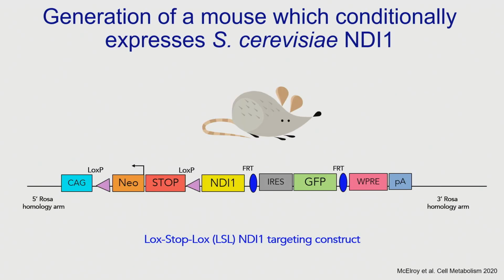So one of the other things we did is Colleen Rezek hooked up with Greg McElroy, and they generated a mouse model where they overexpressed NDI1 in a mouse. The way they did it, they put it in the Rosa locus with LOX-P sites around a stop codon. This way you can inducibly express NDI1 in any tissue you want. Okay?